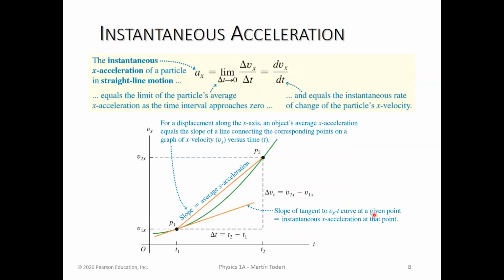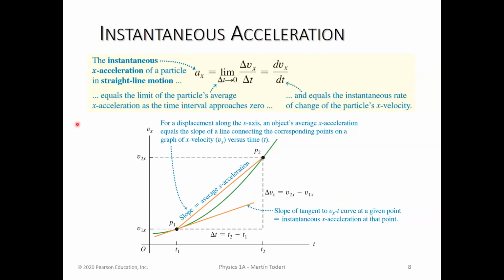Same thing as before, we can define the instantaneous acceleration by taking the limit as delta t goes to 0. So we are looking at an instantaneous point in time, and that will give us the derivative of the velocity with respect to t. So a is equal to dv/dt.